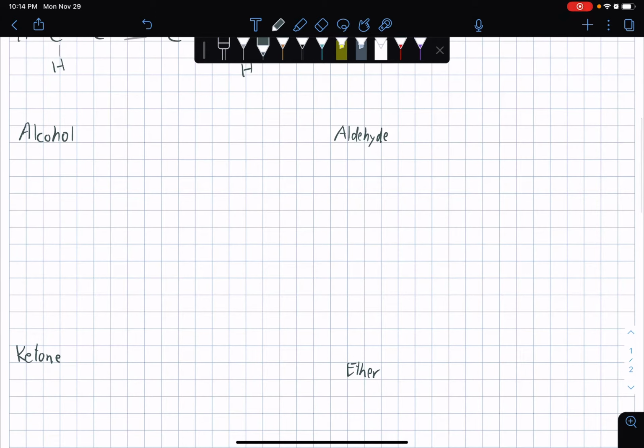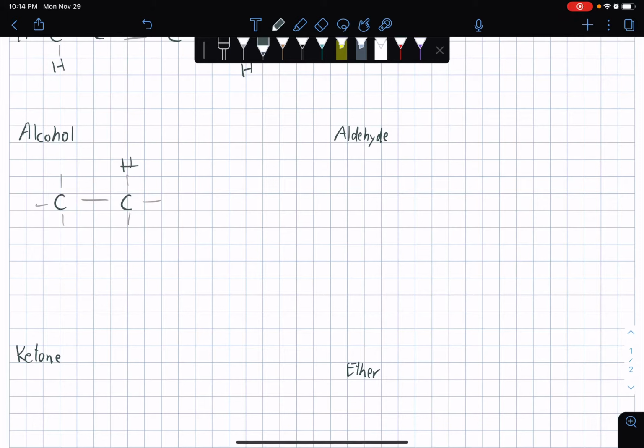For alcohol, in order to memorize, I just wanted to show you that alcohol is just like this. The structure has 2 carbons, and on both carbons they have lines reaching up, down, right, and left.